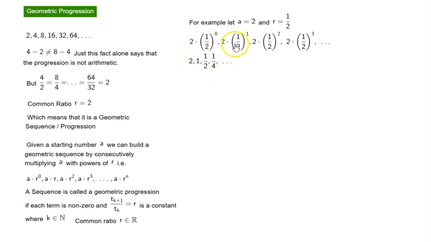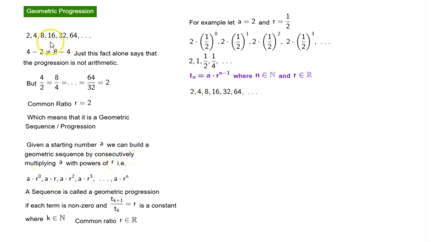We get 2, 1, 1 by 2, 1 by 4, and the sequence goes on. So here the nth term T sub n is equal to A times R to the power of n minus 1, because we are starting from R to the power of 0.